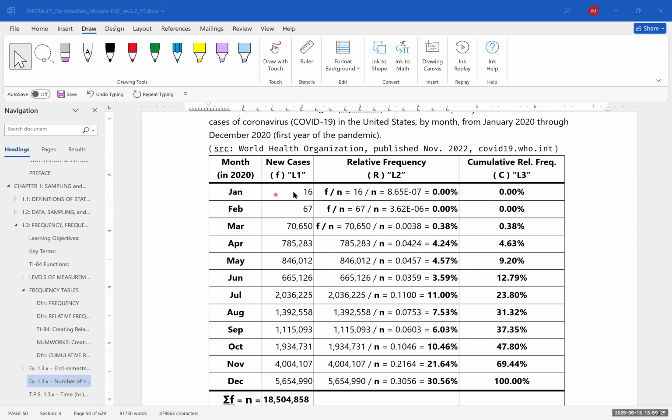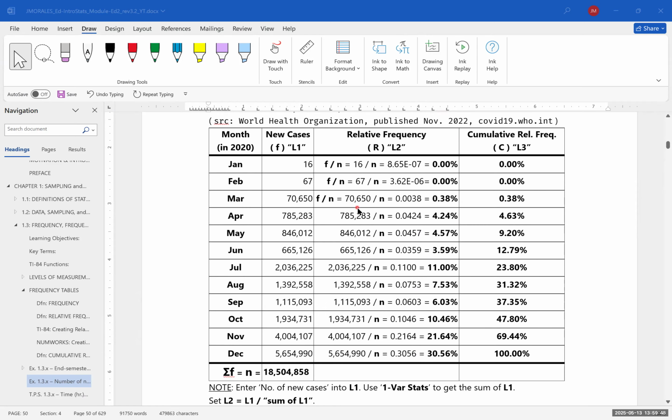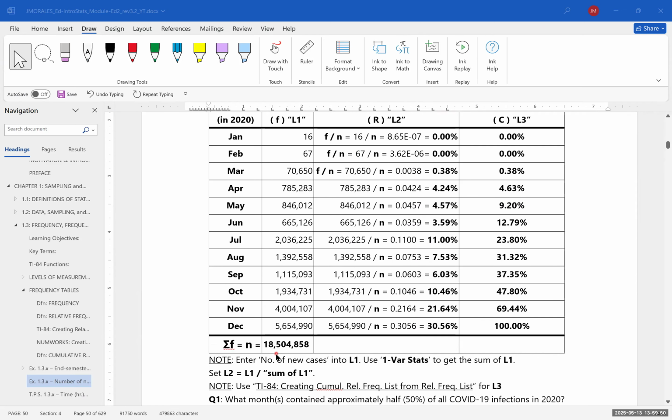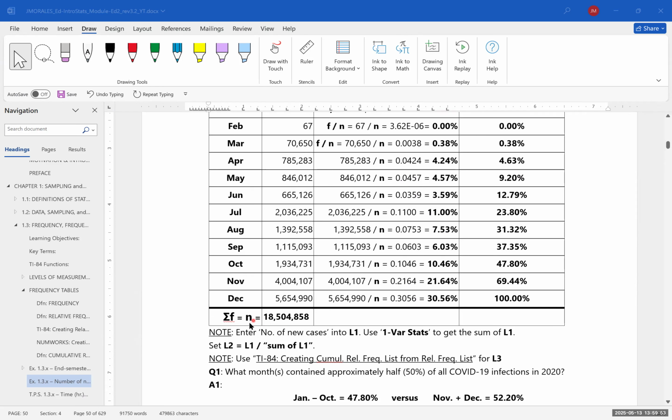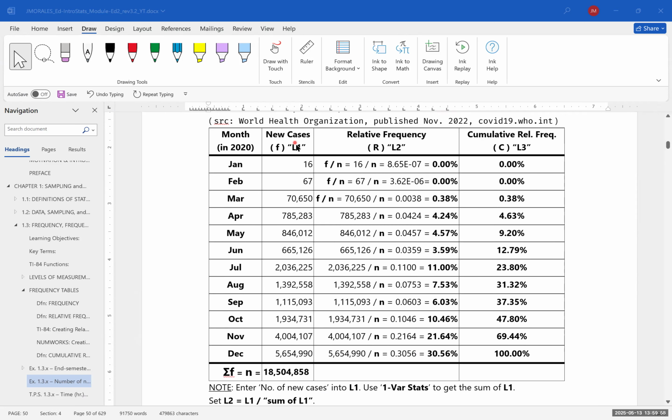So you can see in January, in the entirety of the United States, there were only 16 cases of COVID-19. And so the relative frequency of 16 cases would be 16 divided by the sample size. For the sample size, I use the sum of all of the frequencies.